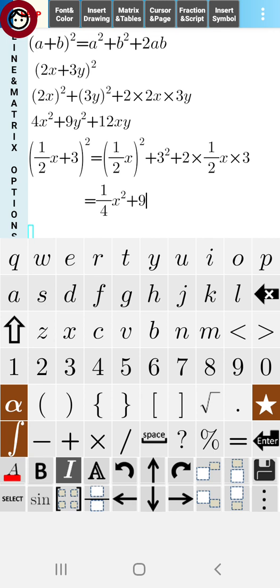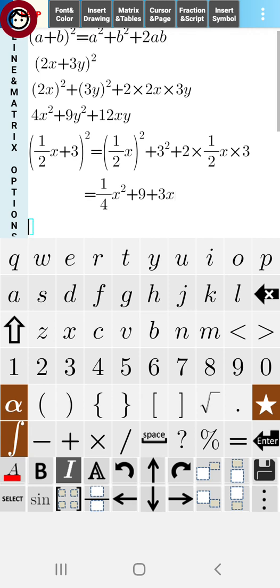Now plus 2 will get cancelled, it will become 3/x. So we have seen that the expansion of (1/(2x) + 3)² is 1/(4x²) + 9 + 3/x. Now we will use this identity to find the square of any number.